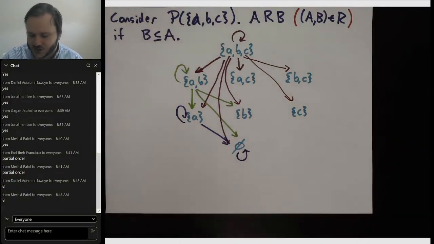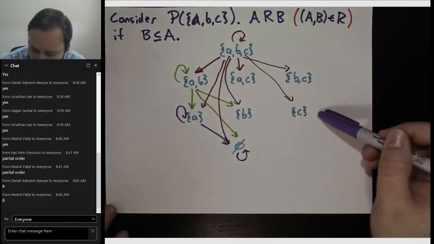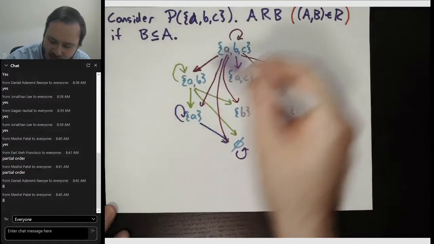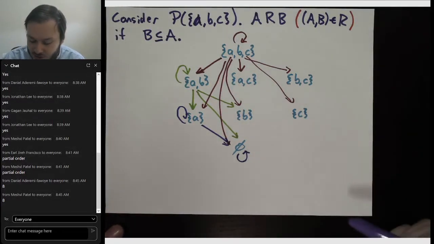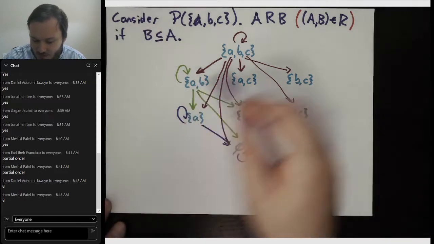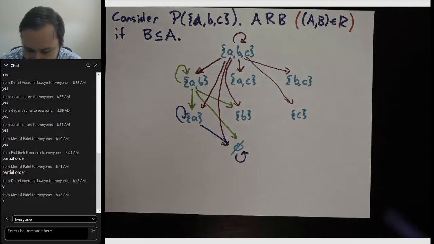If I asked questions, like if I did the whole diagram and I asked, is it reflexive? It's pretty easy to check each thing one by one and check if it's reflexive. But if I want to ask symmetric or anti-symmetric, it's going to be really hard to follow all the arrows, let alone transitive. Transitive is going to be crazy.